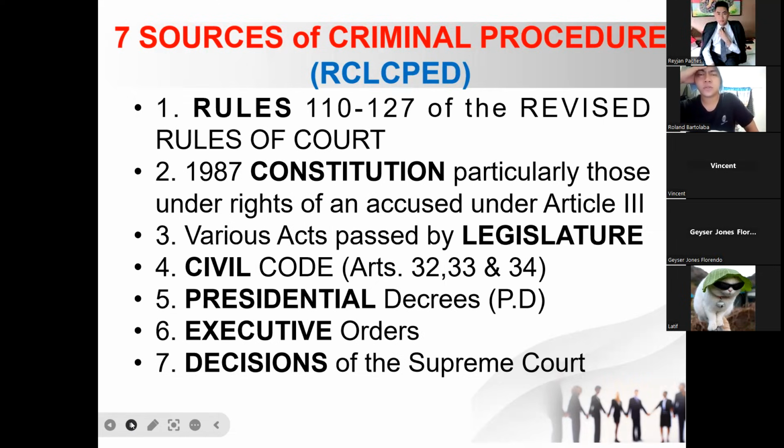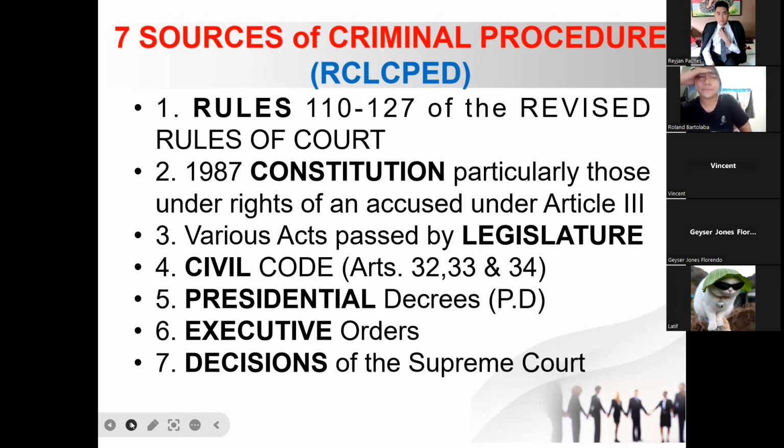Then third, the various acts passed by the legislature, yung mga lawmaking bodies natin, yung Congress. Then yung civil code, presidential decrees, executive orders, and yung mga court decisions in the Philippines. So yan yung sources of criminal procedure.